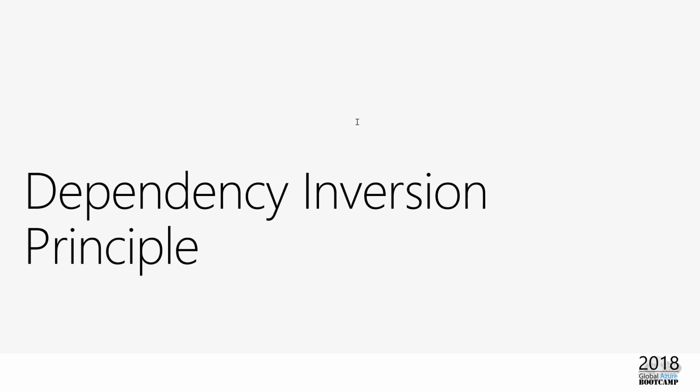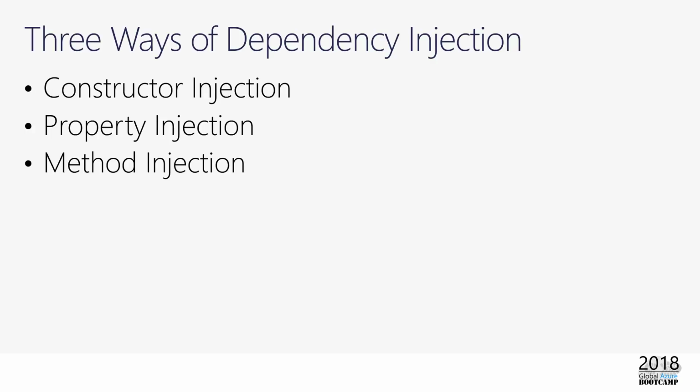Yeah. So in the SOLID principles, the D stands for dependency inversion principle, which means all the dependencies need to be injected outside the class, right? There are 3 different ways of dependency injection. One is constructor injection, property injection, and method injection.